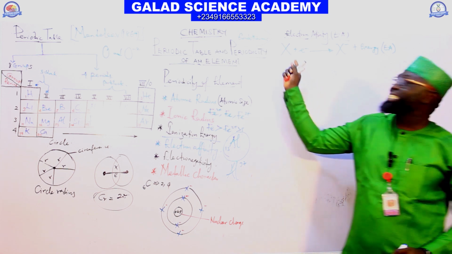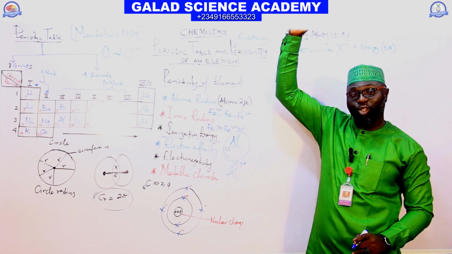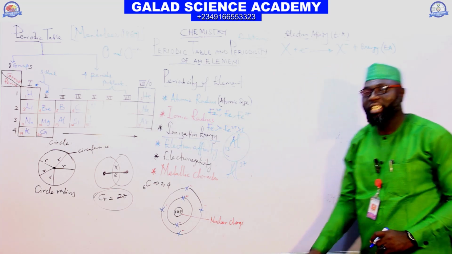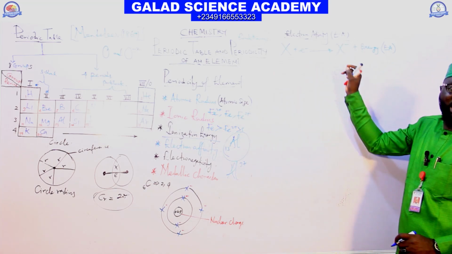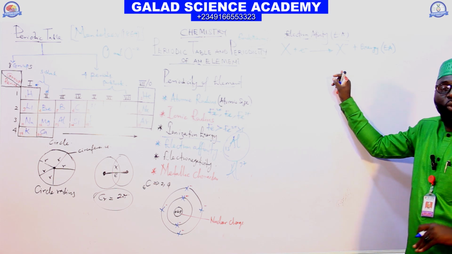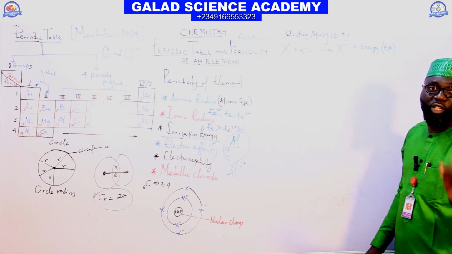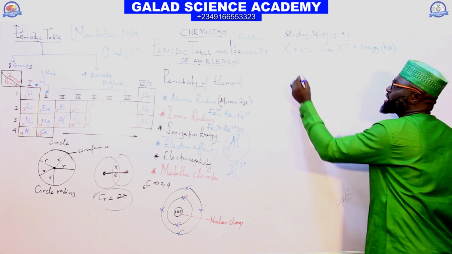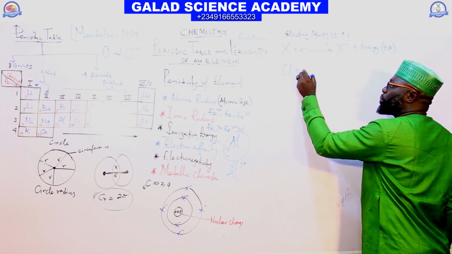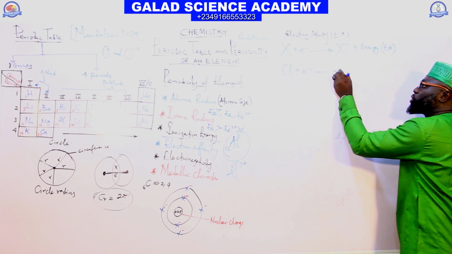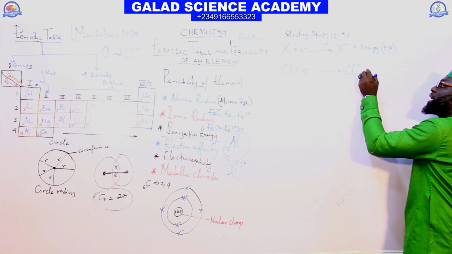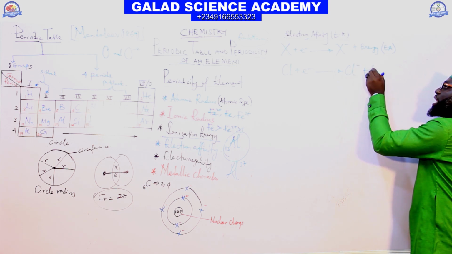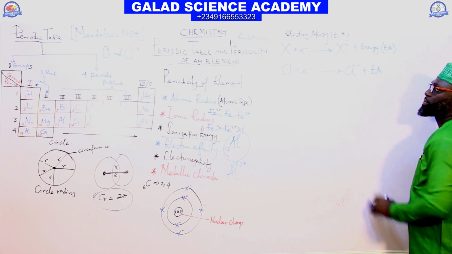But the energy that is required to take out an electron is called ionization energy. Take for instance chlorine plus one mole of electron to give us Cl minus; the energy here is called electron affinity.